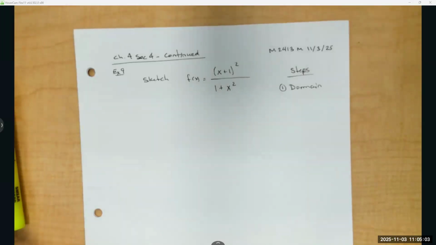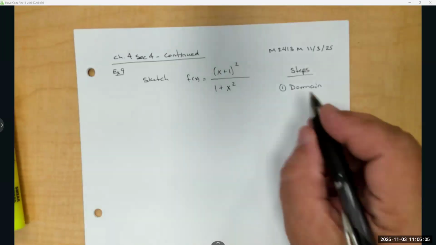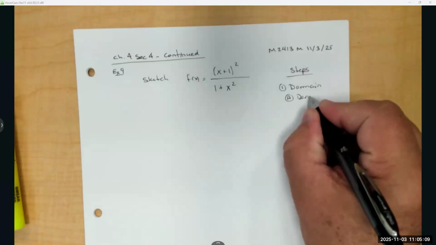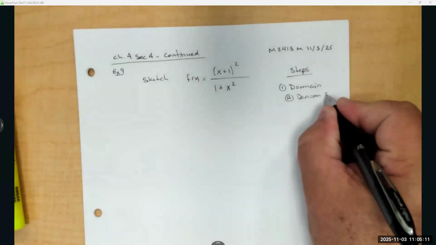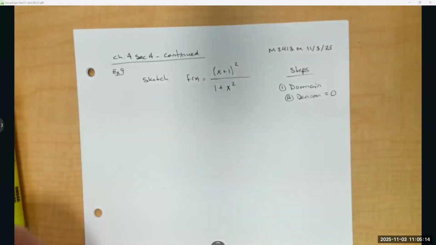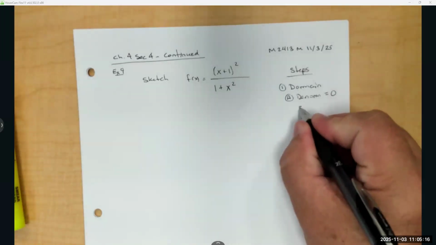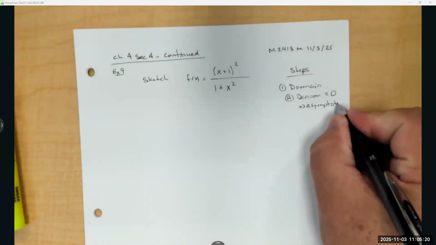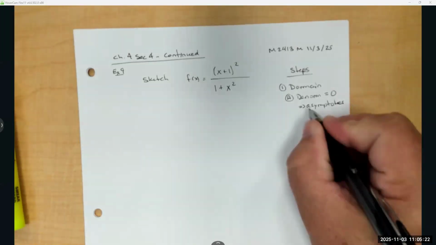In a rational function, it's a couple of things. One, find the x's that make the denominator equal 0. Those are your vertical asymptotes.